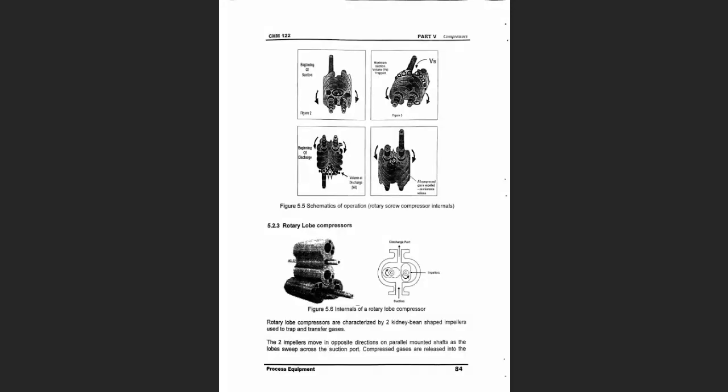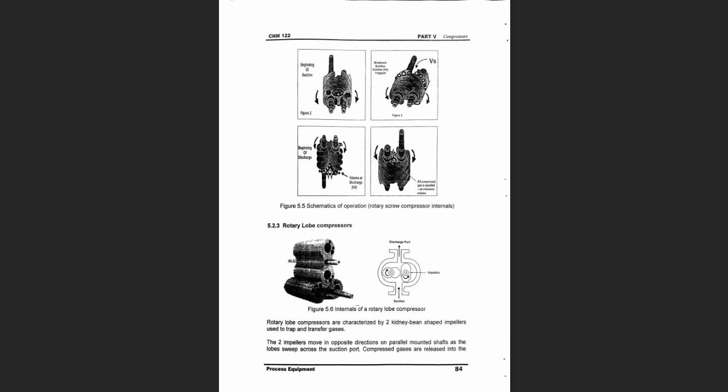Now on to the next page, guys, and as you can see here, you don't have to review this picture actually. On to the third type of compressors, which is the rotary loop compressor. Okay, and it's again very similar to what we had before with the rotary loop pump.